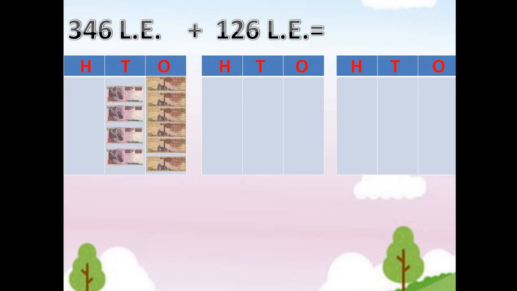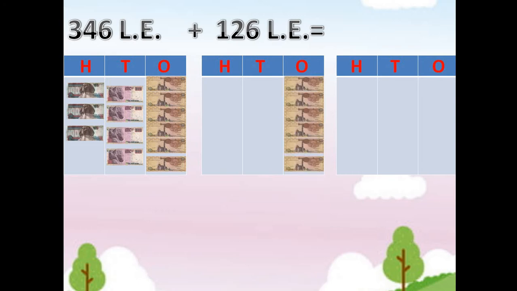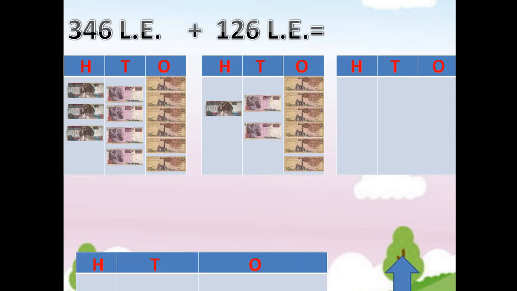And in hundreds, 3 hundreds. For the other number 126, in the ones place I will draw 6 ones, and in tens 2 tens, and in hundreds 100. Okay, so now I will add them all together.